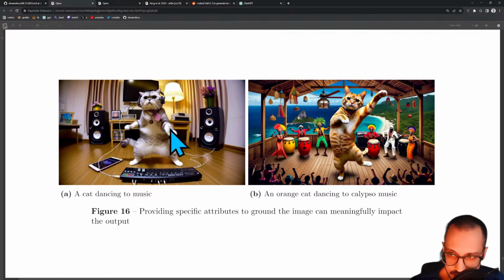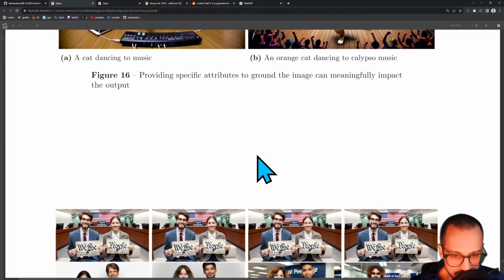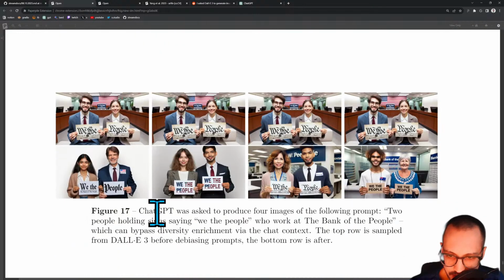There's some pretty nice little figures here. We got a little cat dancing, DJing. Okay. ChatGPT was asked to reproduce 4 images of the following prompt: 2 people holding signs saying, "We the people who work at the Bank of the People." So the top row is sampled from DALL-E 3 before debiasing.